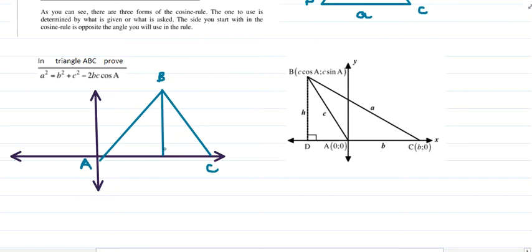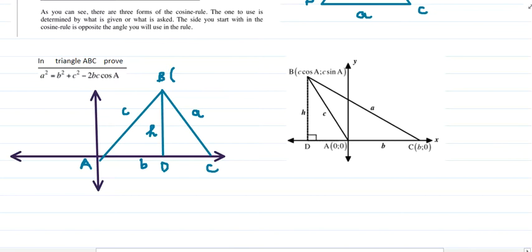In dropping a perpendicular from B to AC and calling this point D, we are able to find the coordinates of B using our polar coordinates. We know that this is angle A, that's small c, and this is small b.